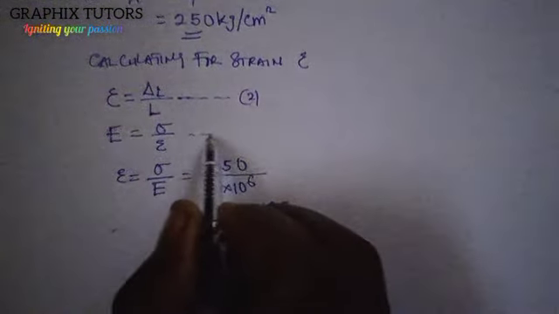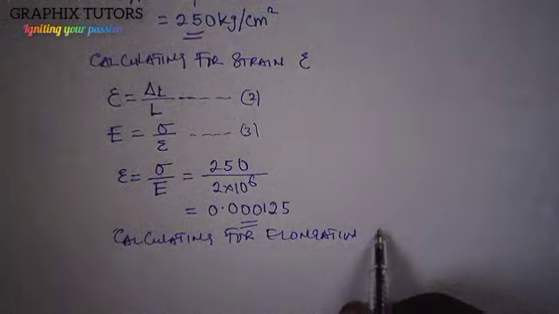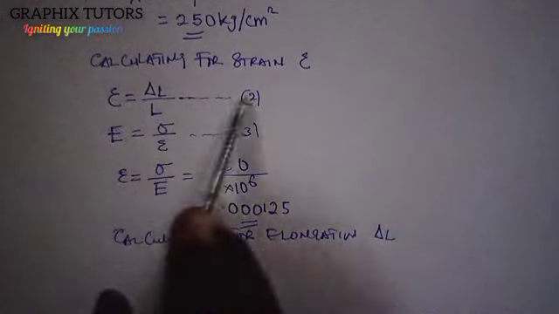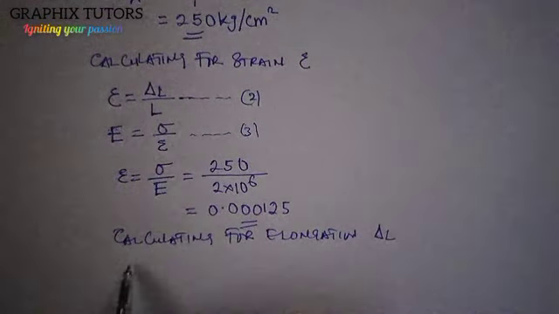Now calculating for the elongation, delta L, from equation 1, we know that the strain is delta L over L, right?